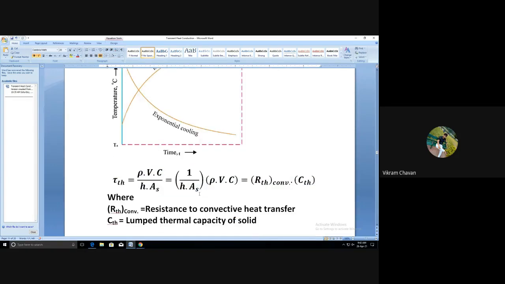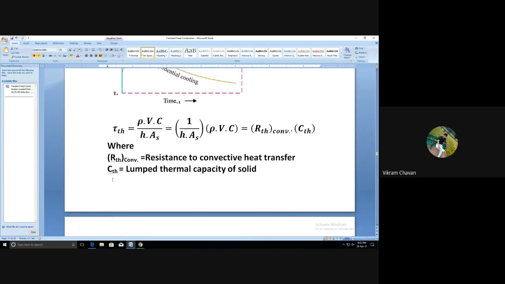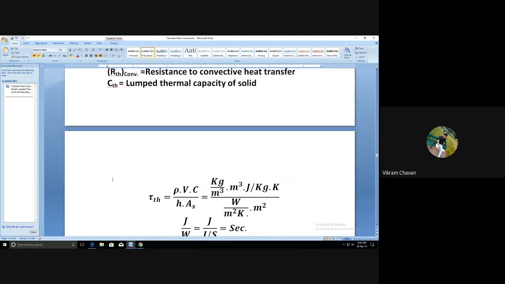Further, we discussed that this tau term consists of two quantities. One is rho V c, and the second is 1 divided by h multiplied by A suffix s, which is a convective resistance, while rho V c is the lumped thermal capacity of the solid.